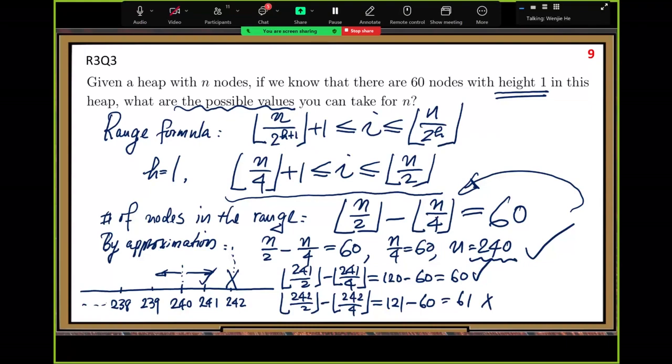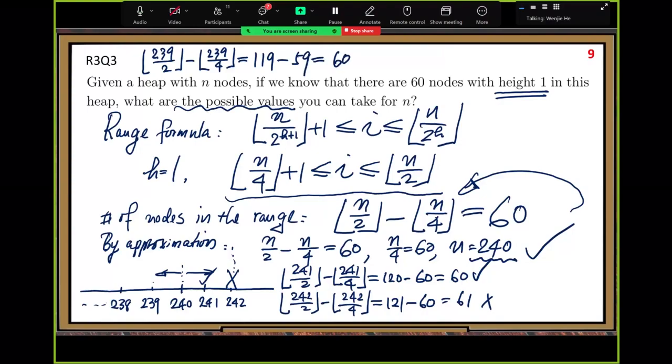So 239 over 2 minus 239 over 4, rounded down: 119 minus 59, which is also 60.